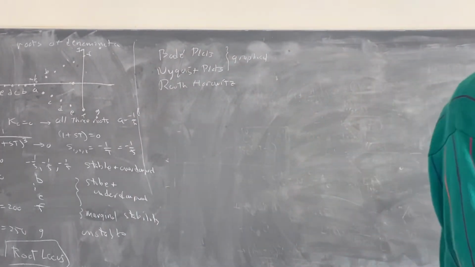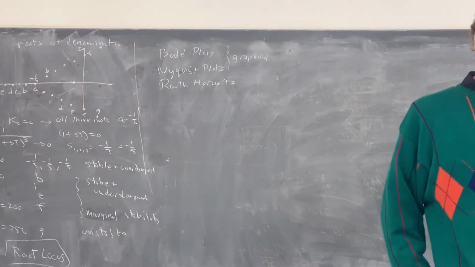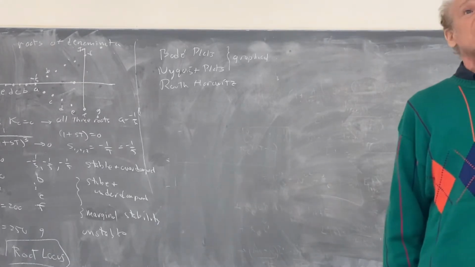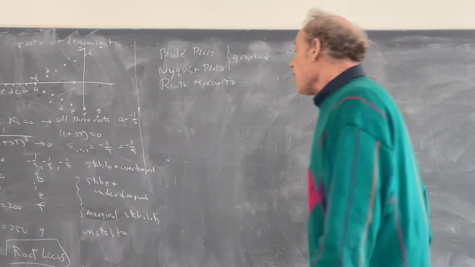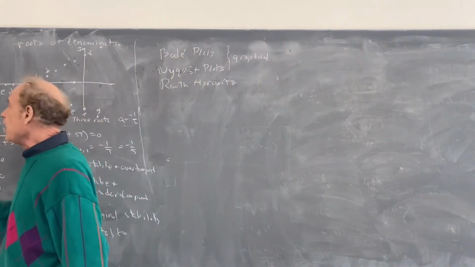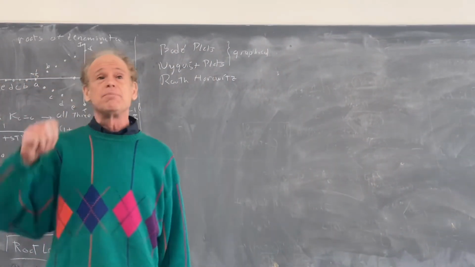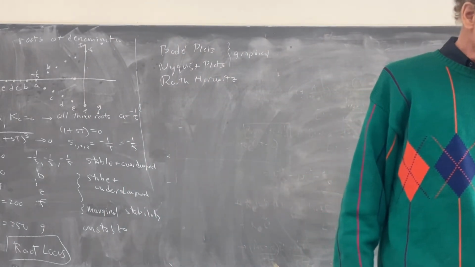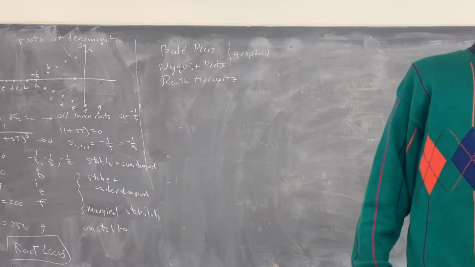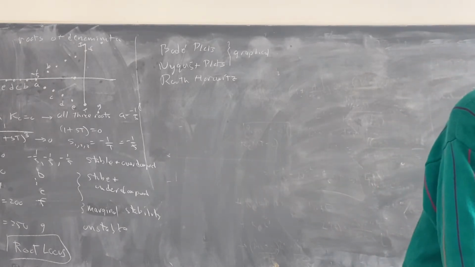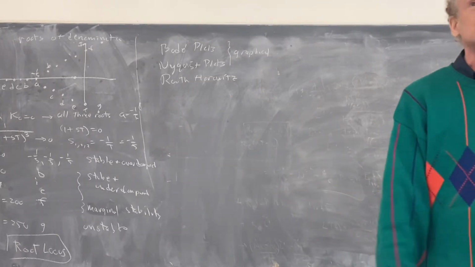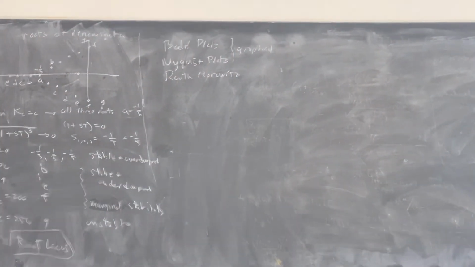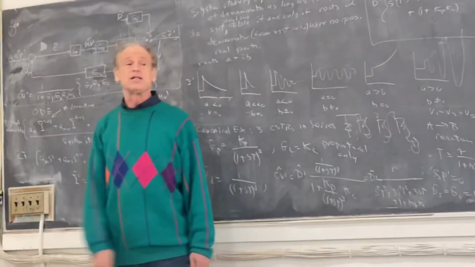What are the criteria for the methods that we like? We would like methods where the calculations are not too complex. Obviously, root locus is fine for a single variable, but if we have multiple parameters to explore, that calculation is again too complicated. We'd like the methods to be useful for many systems. We'd like them to tell us how the stability of the open loop system affects the stability of the closed loop system.